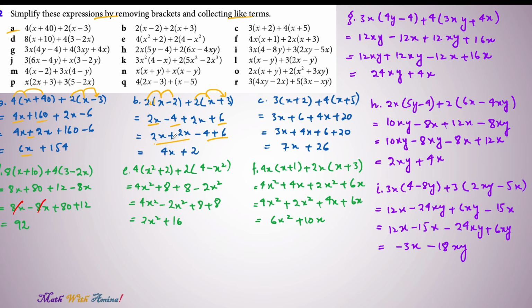Then we perform the operation to further simplify it. So 2x plus 2x is equal to 4x and minus 4 plus 6 is equal to plus 2. So this is the simplified expression.